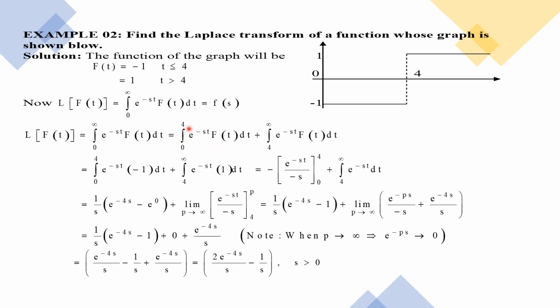Whenever t is less than or equal to 4, f of t gives -1, so we replace f of t with -1. Whenever t is greater than 4, this function gives 1.